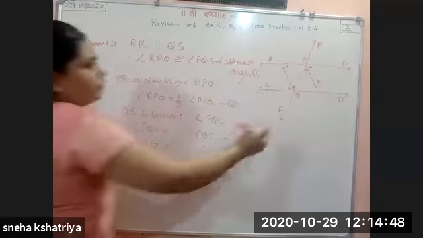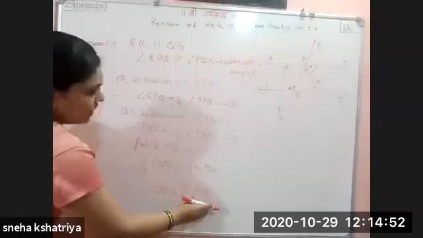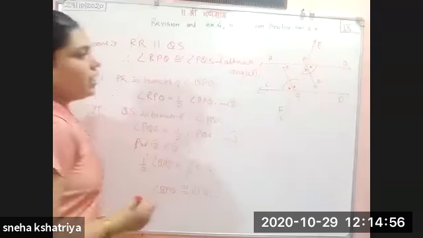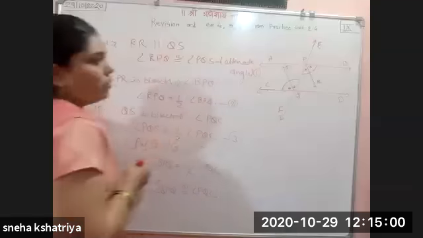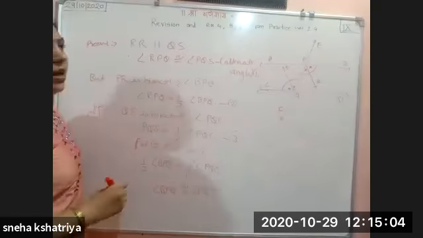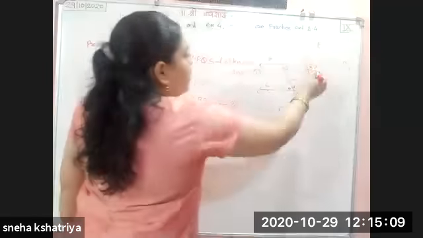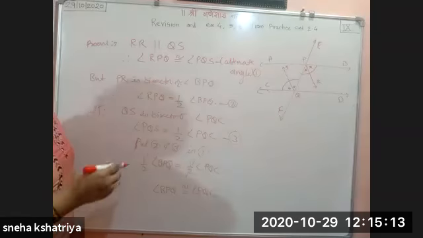Where is BPQ? See here, this is BPQ, this angle. And where is PQC? See here, this angle. If the pair of alternate angles is congruent, then we say that these two lines are parallel, by using the alternate angle test.